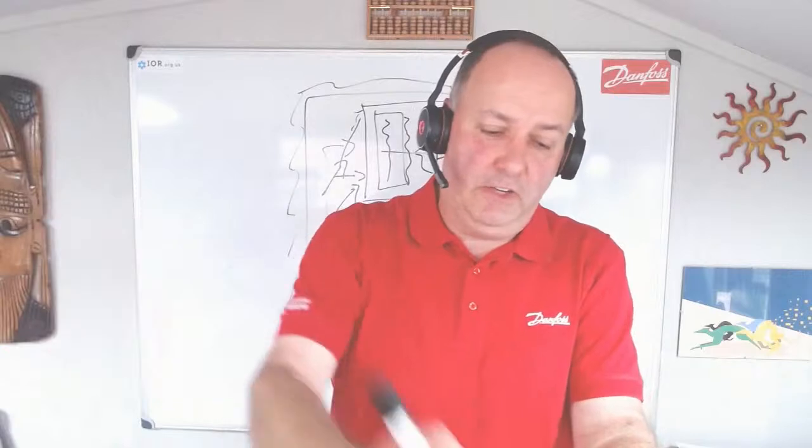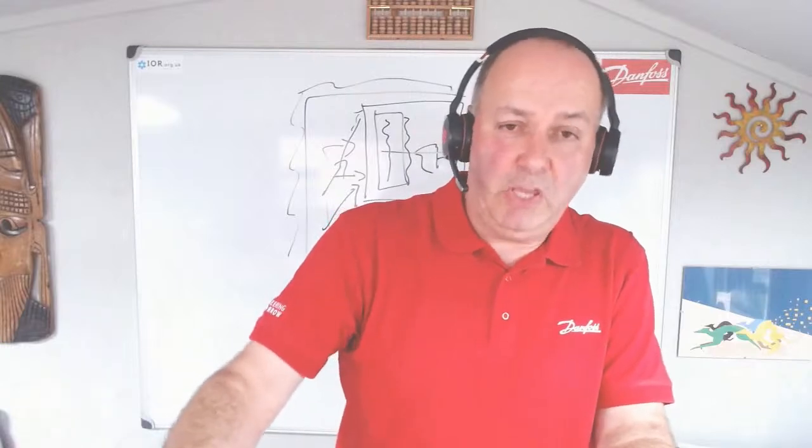So we've taken, let's say, hot product straight out of a slaughterhouse or something, and we've got to chill the product right down. So we've got a huge heat load at the beginning and then a fairly small heat load at the end. An electronic expansion valve is very good for that because it can manage the peak duty, but it can also manage the much lower duty much better than a thermostatic expansion valve can. So that's a roundabout answer to the question. I hope that's okay.